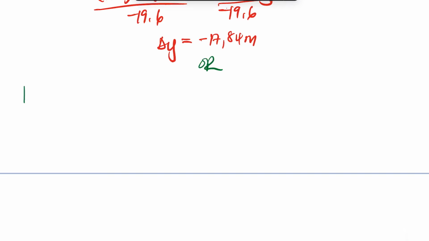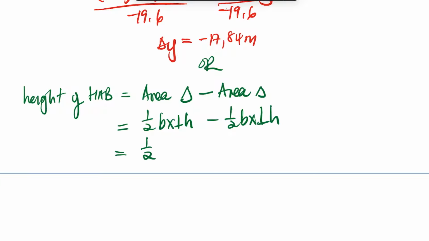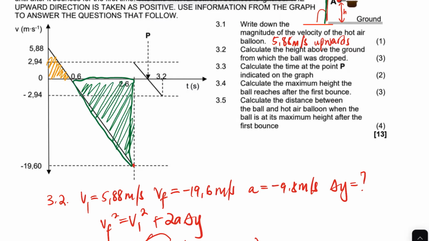So we'll say the height of the hot air balloon is equal to the area of the big triangle minus the area of the smaller triangle. So it's half base times perpendicular height minus half base times perpendicular height. What is our base in the big triangle?